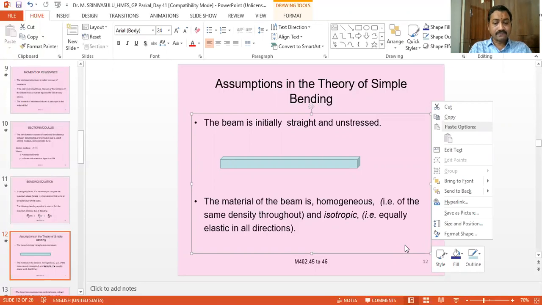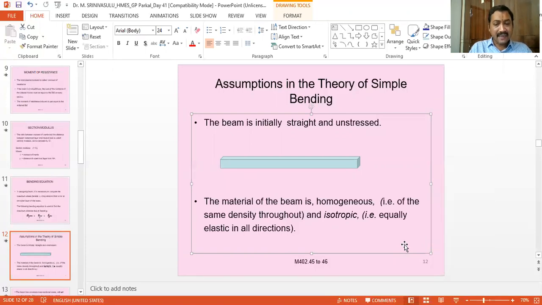That means the beam has equal values of the elastic constant in both compression and tension.